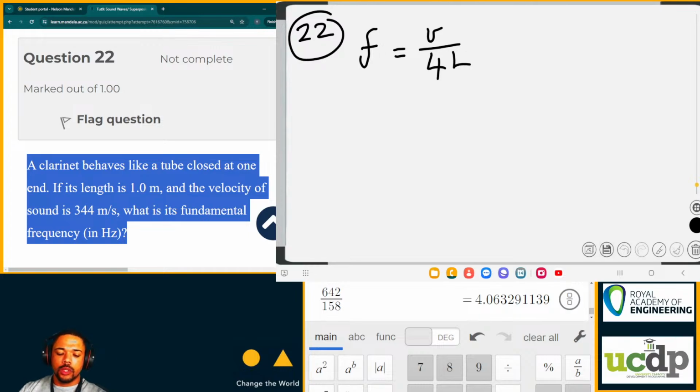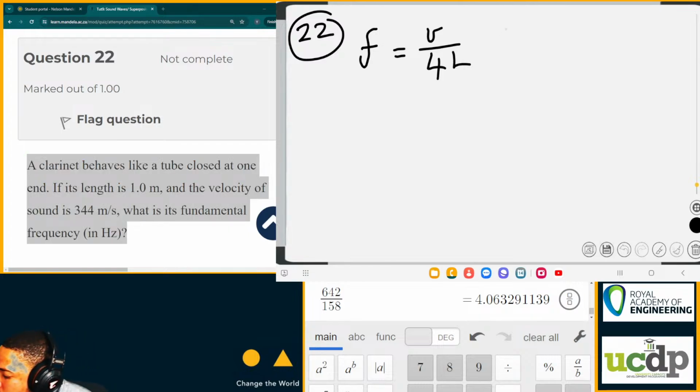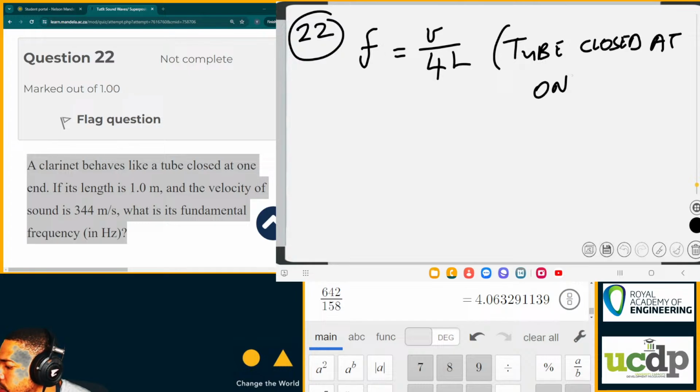So the fundamental frequency of a tube closed at one end, this formula only works for a tube closed at one end.